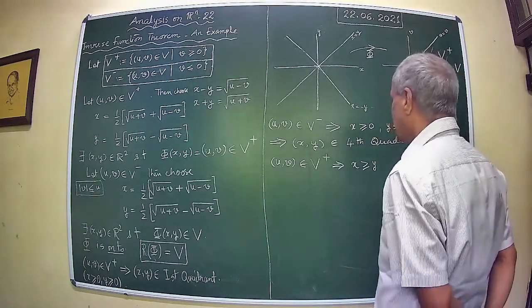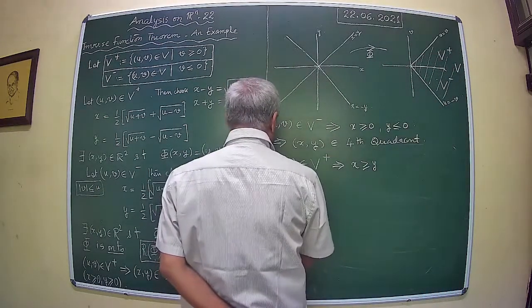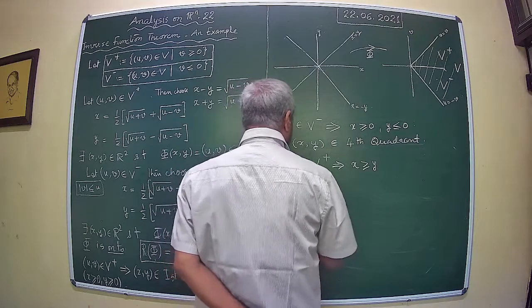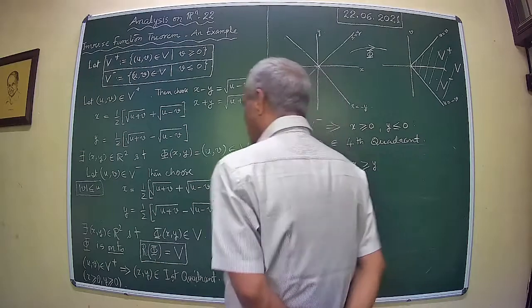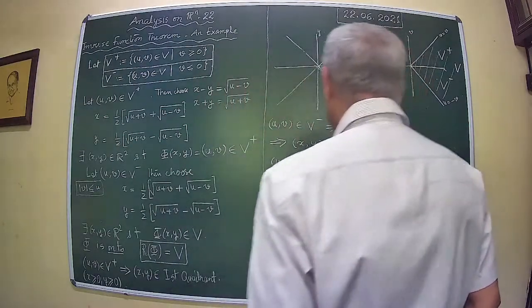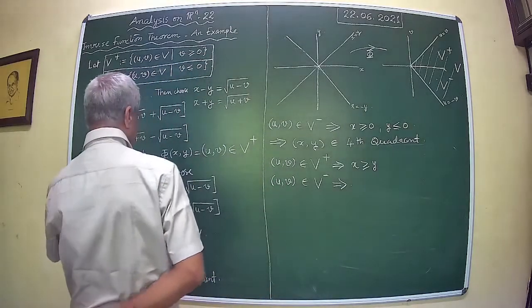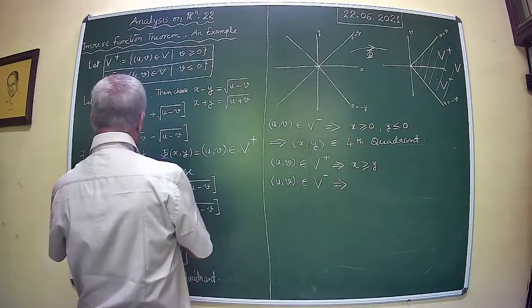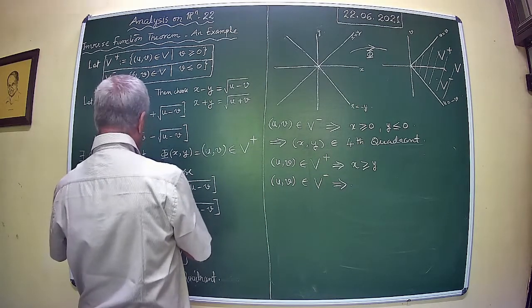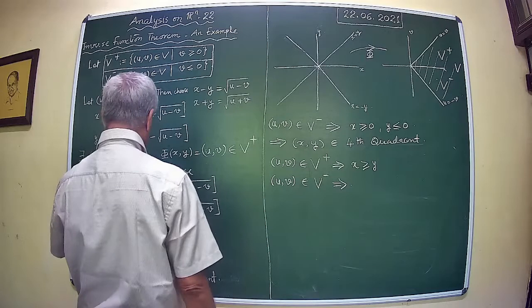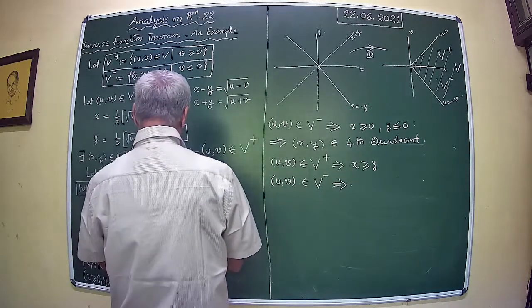Okay. So what about (u, v) belonging to V minus? What about x? See, v is negative. Then what happens? And y, what about the value of y?